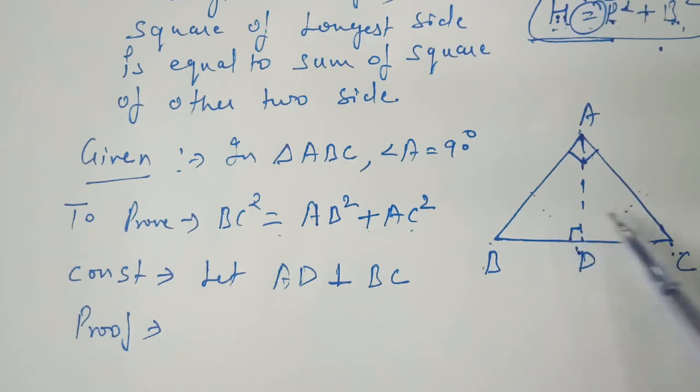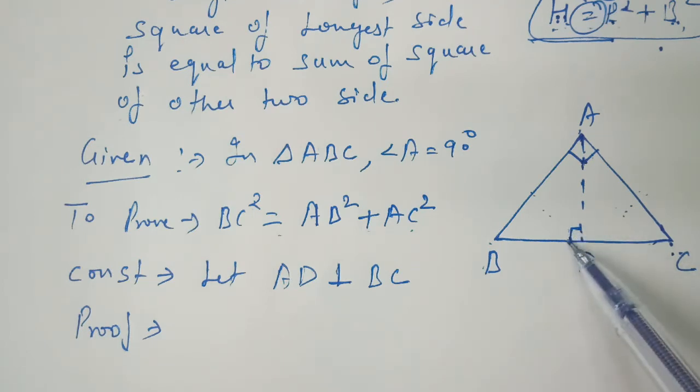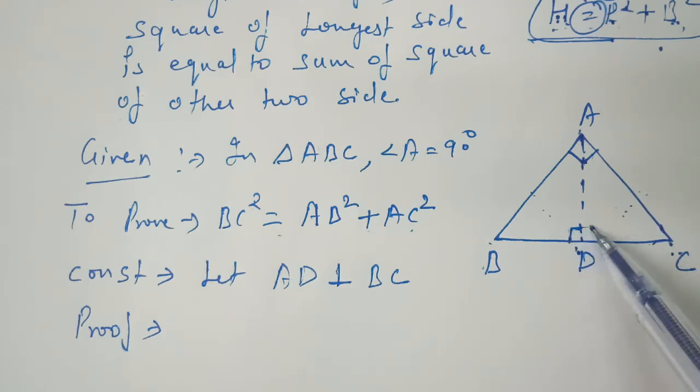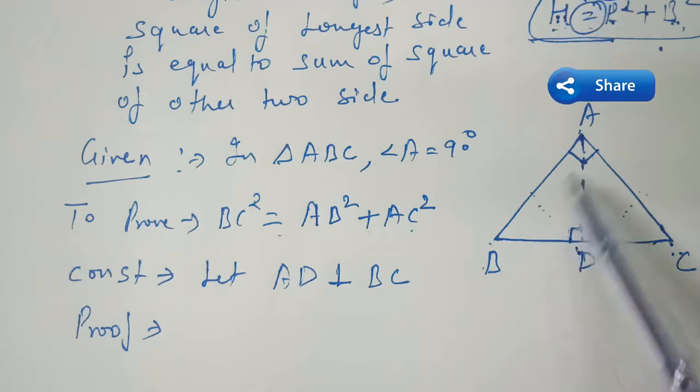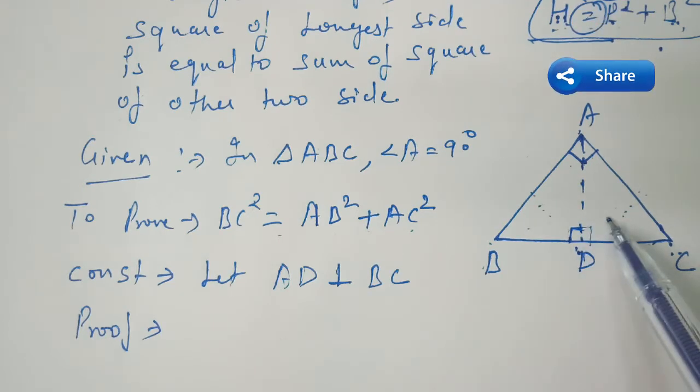They are also right angle triangles. Why? Because we have angle D as 90 degrees. If here is 90 degrees then here will also be 90 degrees on the basis of linear pair. So we have three triangles.